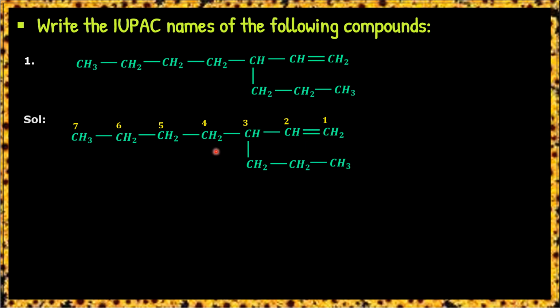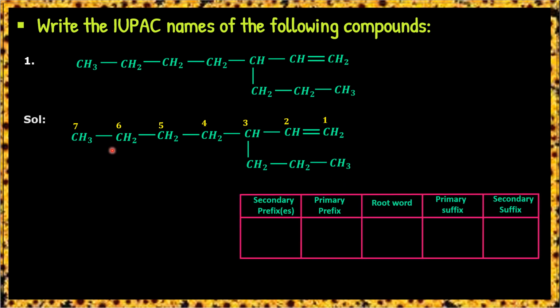If numbering is done from left to right, the sixth carbon atom will contain the double bond. So this is the correct way of numbering. And this group is called the propyl group. 3 carbon atoms and 7 hydrogen atoms are there, C3H7 means propyl group, a substituent.